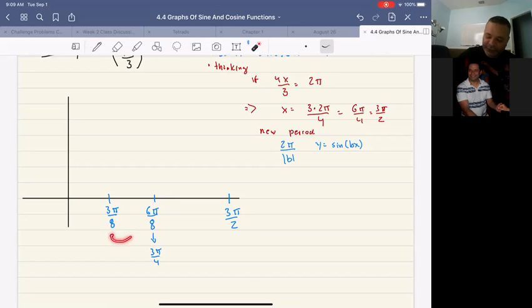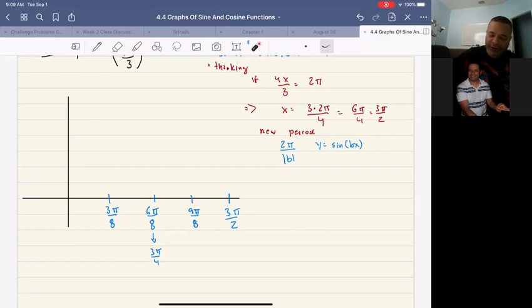That's 9 pi over 8. And the next one, of course, will be 4 times, it's 12 pi over 8, which, dividing that by 4 equals 3 pi over 2, which is what we have.